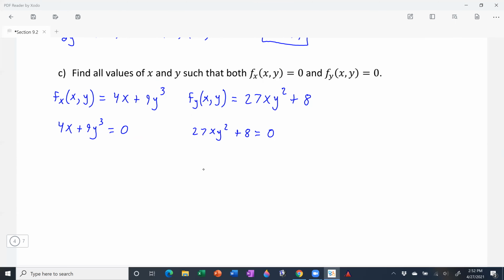So what does that look like? Well, you might think that looks like a mess, but what that actually looks like is a system of equations. We have two different equations and two different unknowns, two different variables. And that means that you can solve by some kind of a substitution, okay? So there's a couple of different ways that we can do this, but I think it's probably pretty easy to solve the first equation for x, okay?